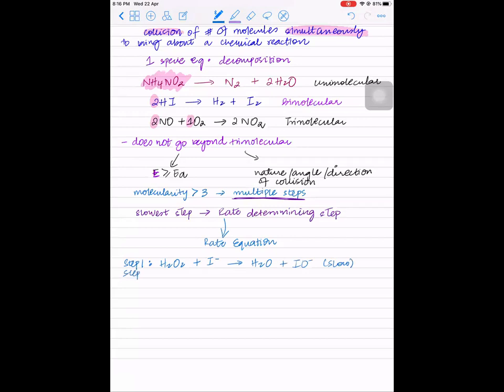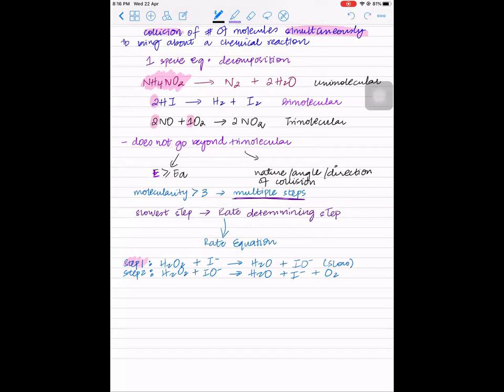Then you have step number 2, which is the fast step: H2O2 plus IO minus giving H2O plus I minus plus O2. So this first step will be the rate determining step, and from the rate determining step, we figure out the rate equation. And how do we do that?